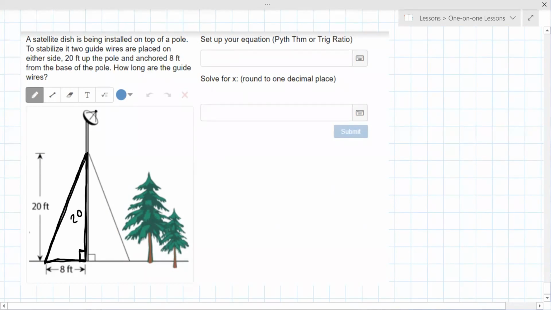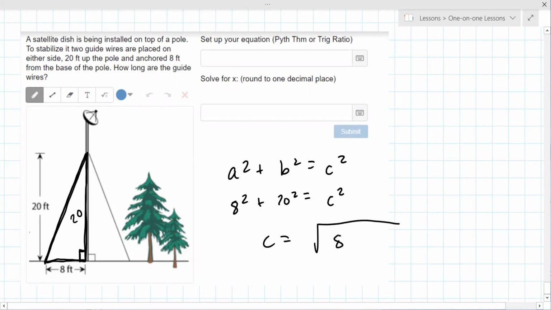Can you see that? Which one are we solving? The hypotenuse. Hypotenuse. A squared plus b squared equals c squared. A and b are the legs. 8 squared plus 20 squared equals c squared. So you're just doing this. C equals the square root of 8 squared plus 20 squared.